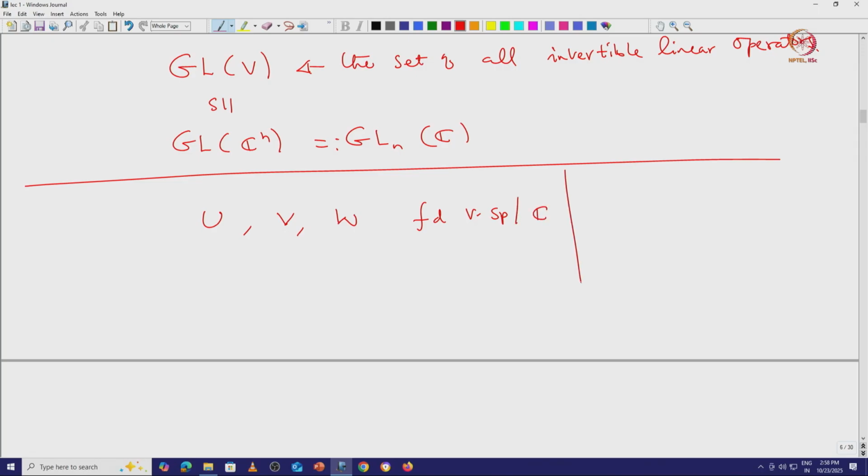Let us keep the notation that the dimension of V is n and the dimension of W is m. The dimension of U we can denote by p.